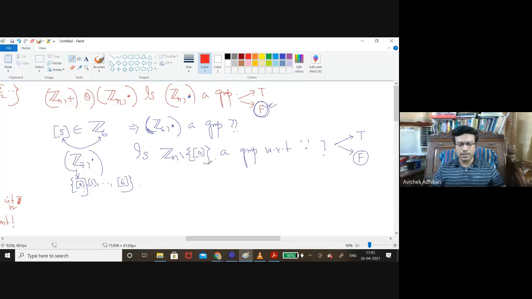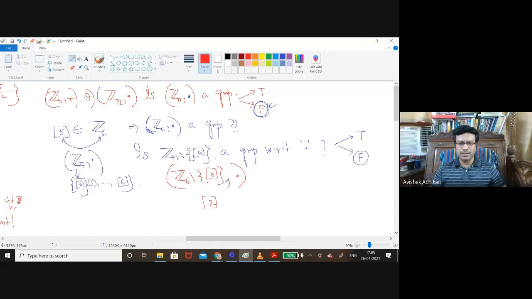Suppose, let's take another example, say Z6 minus 0 with respect to multiplication. Now consider class 2. What is the multiplicative inverse of class 2 in Z6 minus 0?